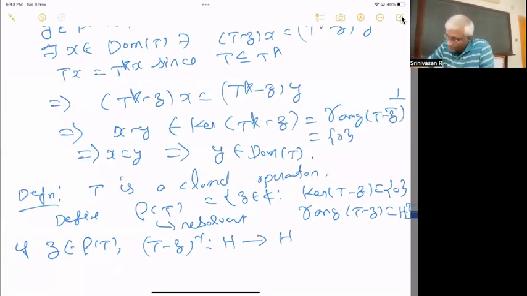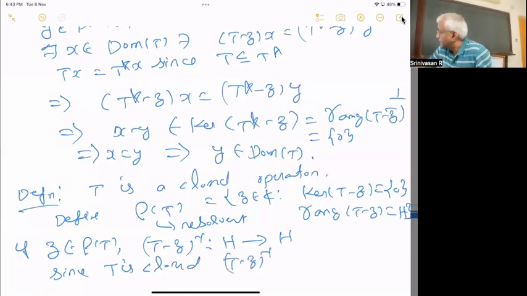Since T is closed, if Z is in rho of T, then T minus Z inverse makes sense. It exists. Algebraically, as a function, the inverse exists, which is of course a linear operator. And T is closed, then T minus Z inverse is also closed.